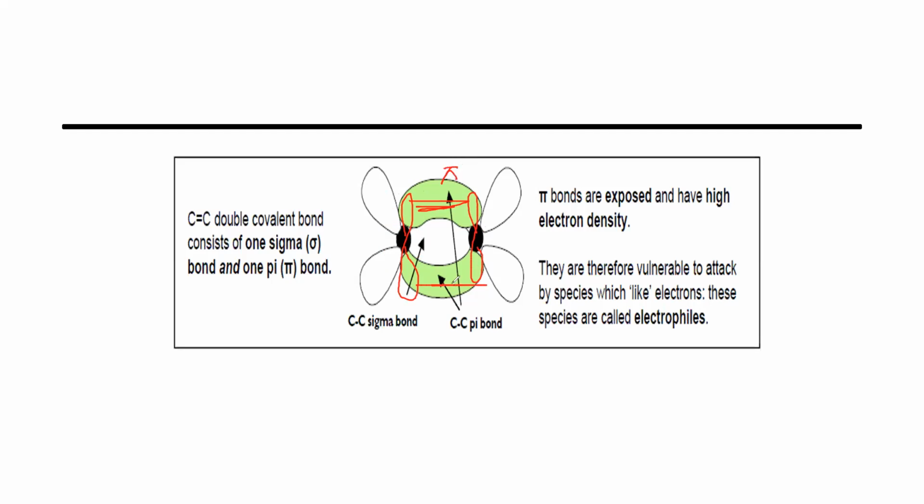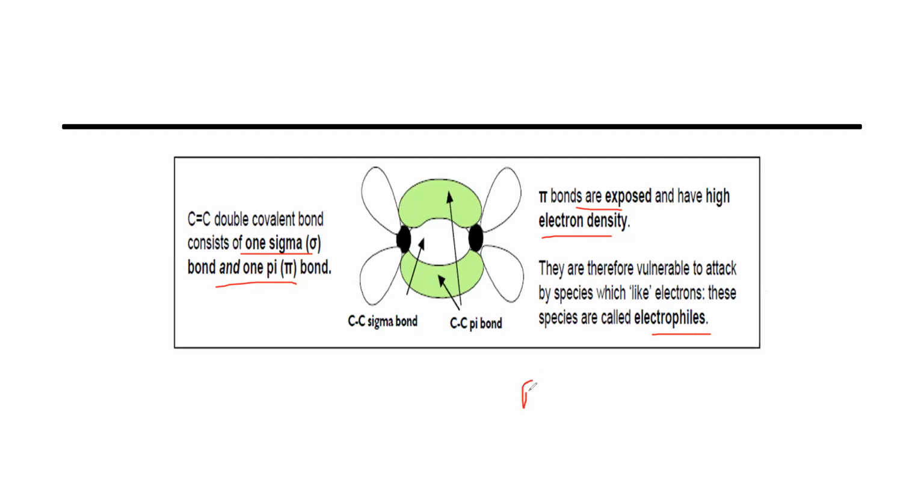This is not like 2 pi bonds, but still it will be weaker because the overlapping is not happening here. So carbon-carbon double bond consists of one sigma bond and one pi bond.